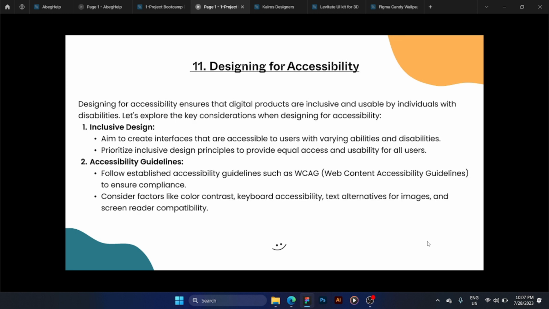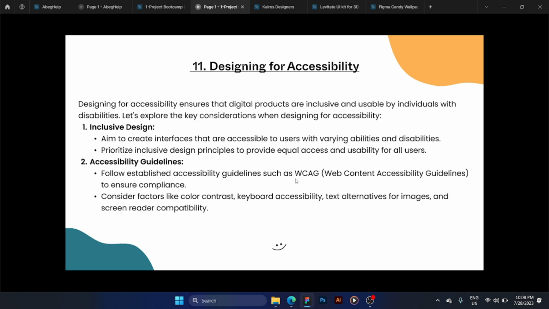So, designing for accessibility. Remember when we discussed that you must ensure that you are designing for people that have disabilities. Like I said the other time, there is an organization, or a guideline, that you need to follow. Under here, I said follow established accessibility guidelines such as WCAG, that is Web Content Accessibility Guidelines.